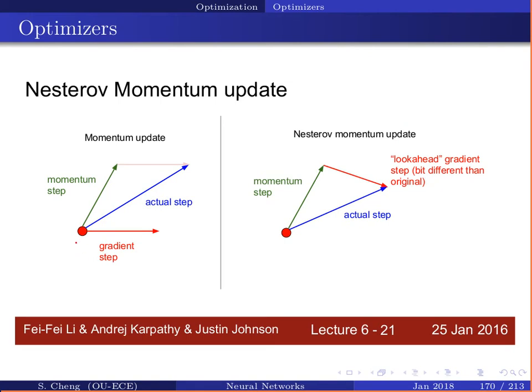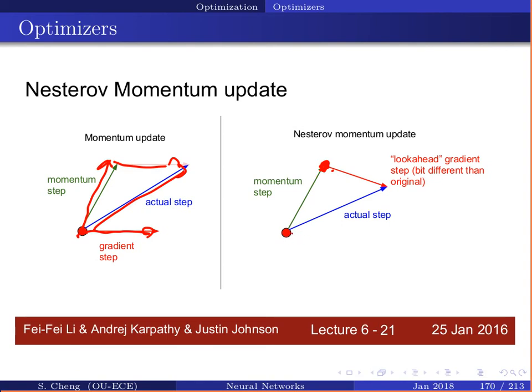If you think of the momentum, basically you have the previous velocity, and then you compute the current gradient, and you sum those up to get the new velocity. But for the Nesterov momentum update, you go one step ahead. You look ahead, and you first take the momentum step. Assume you move one step ahead, and at that new point you compute the gradient.